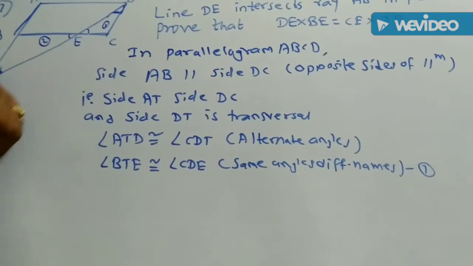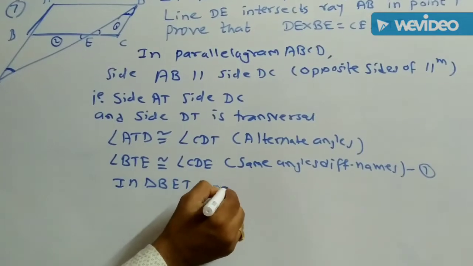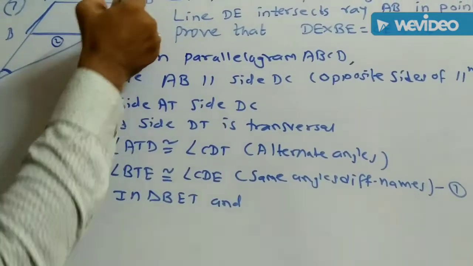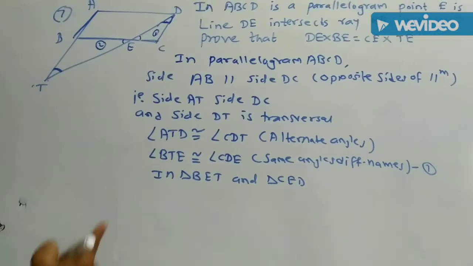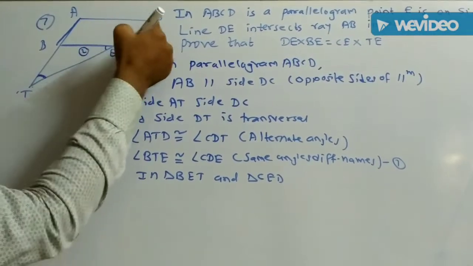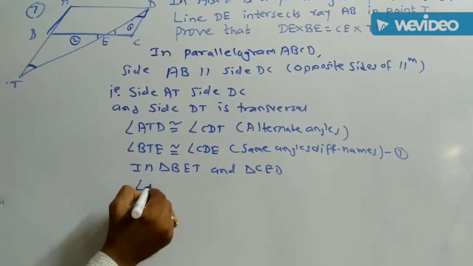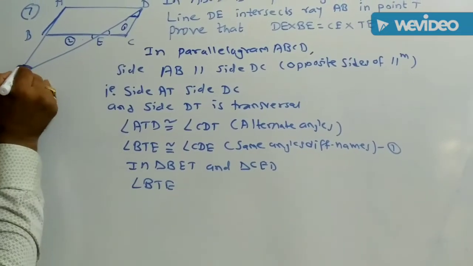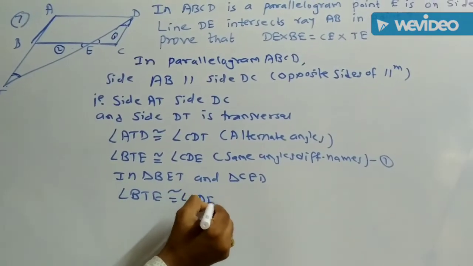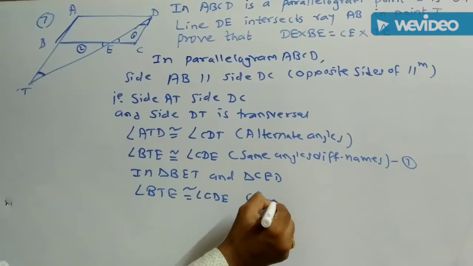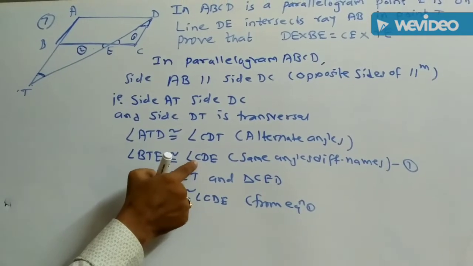Now in triangle BET and triangle CED, angle BTE and angle CDE are both congruent. Reason: from equation 1, BTE is congruent to CDE.